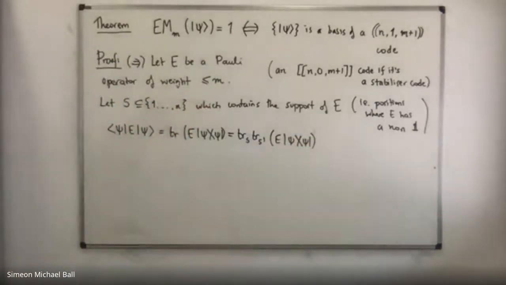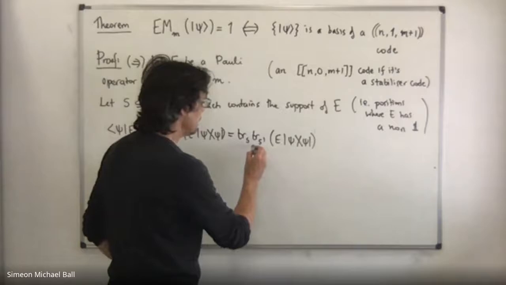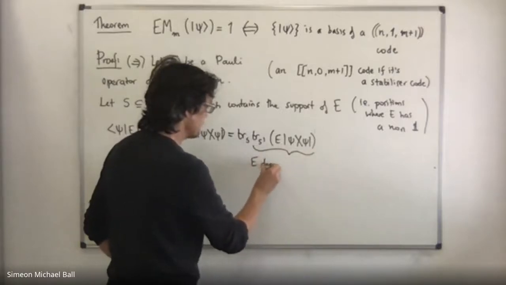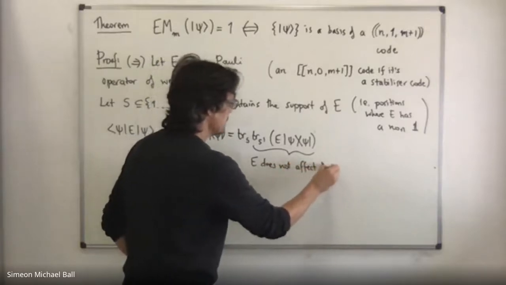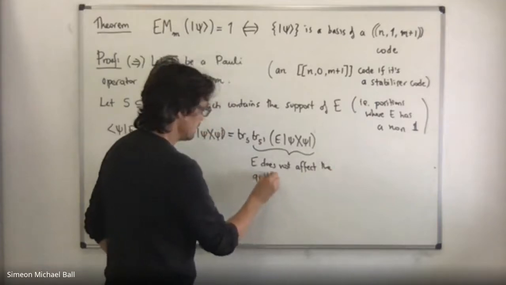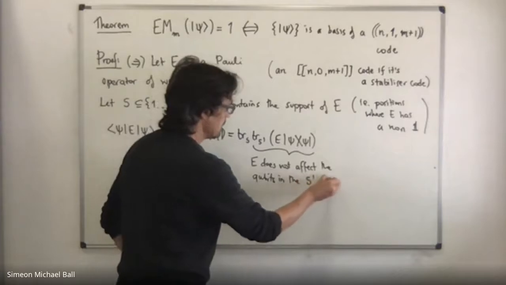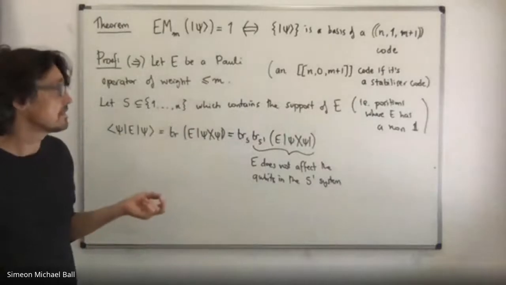So we split the trace into sub-systems. But here, E does not affect the qubits in the S prime system, since on the S prime system it just has the identities.